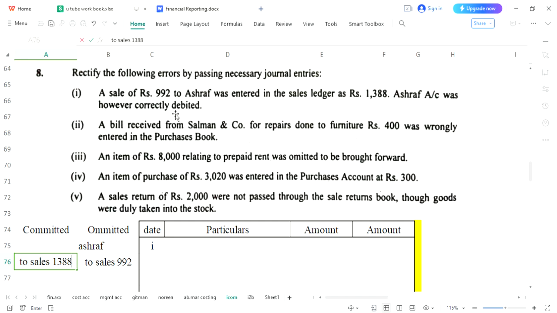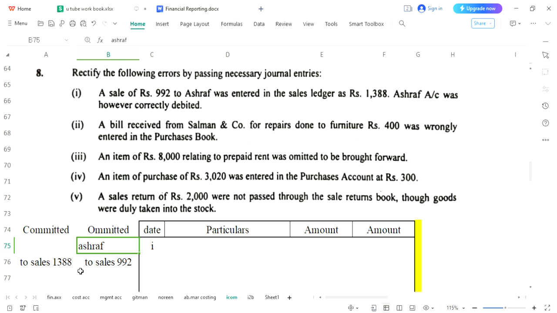It means there is no mistake in Ashraf. We are actually doing rectification of error. That means we are responsible to see only errors. Ashraf was correctly debited, so you can just ignore Ashraf because Ashraf is right.